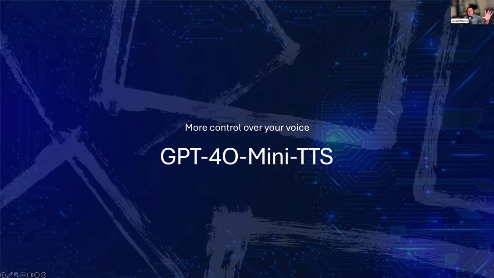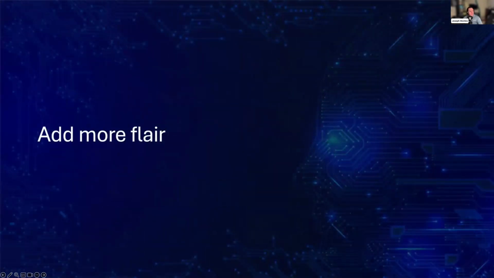So before we dive into how the AI voice is going to be configured, what does this new model allow us to do? It basically allows us to add more flair.